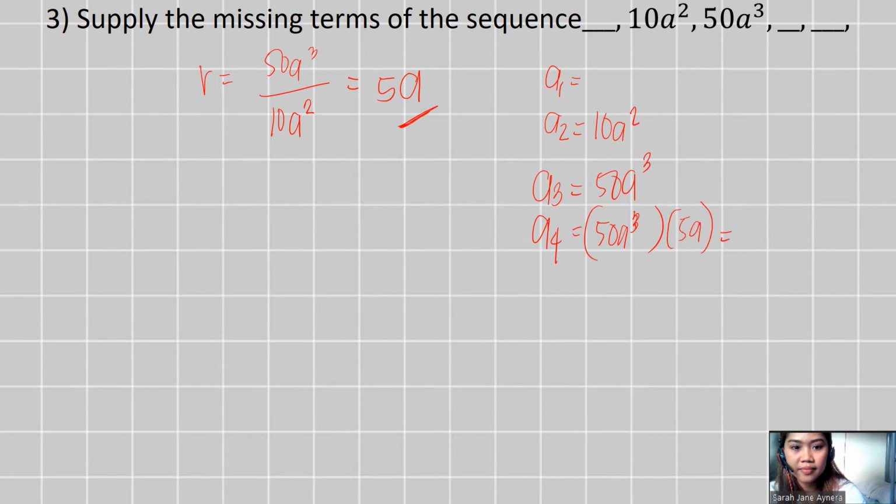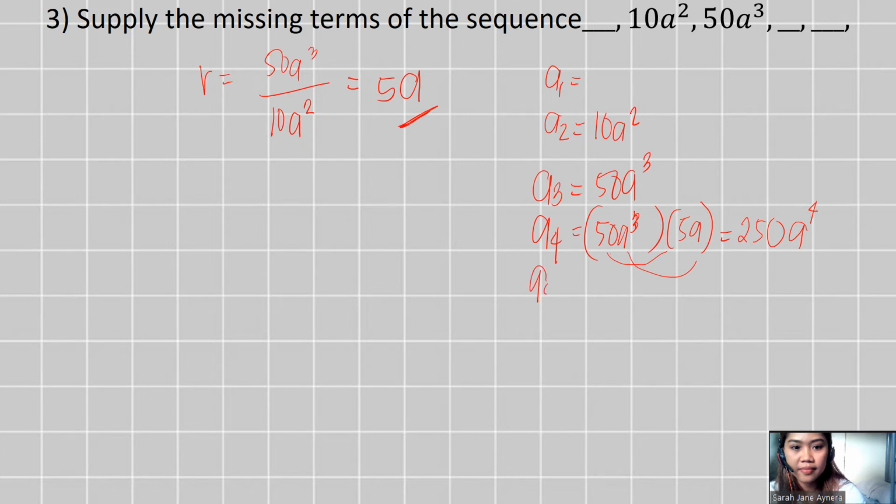So, this is equal to 50 times 5 is equal to 250. A cubed times a is a raised to 4. Now, when multiplying variables, we copy the same base, and we add the exponents. So, we have here 3 and 1. 3 plus 1 is 4. So, 50a cubed times 5a is equal to 250a raised to 4.